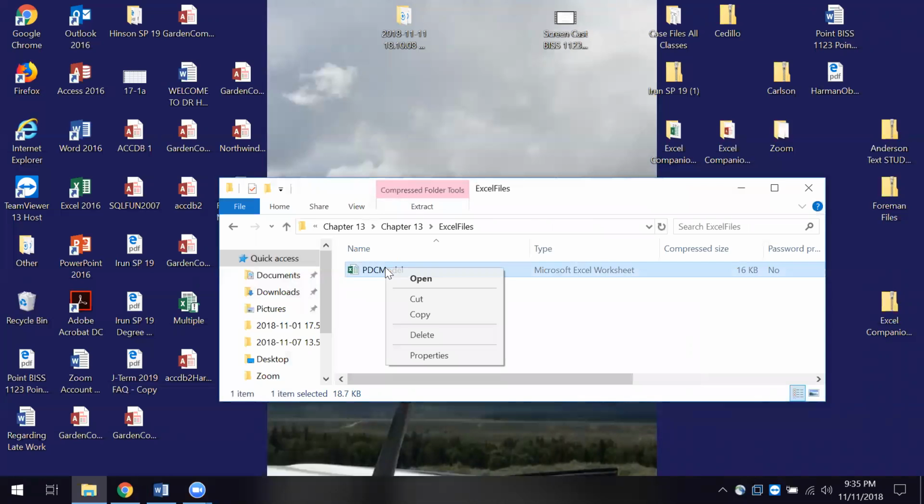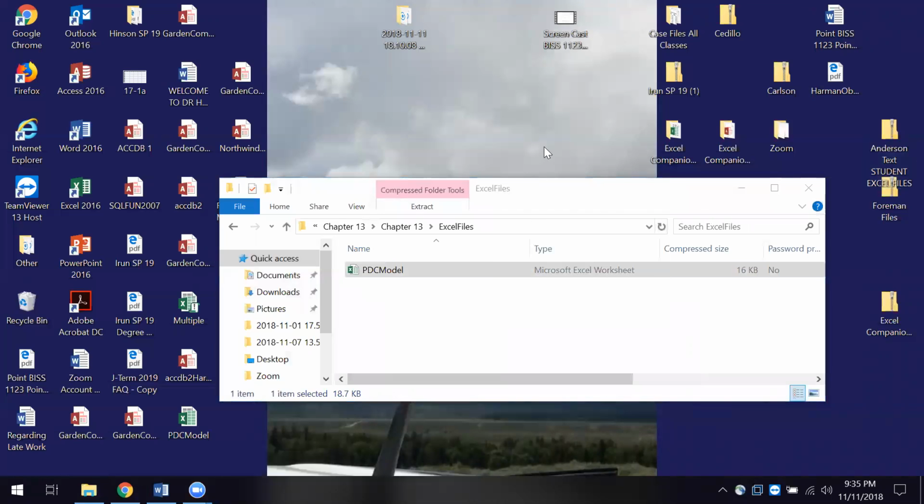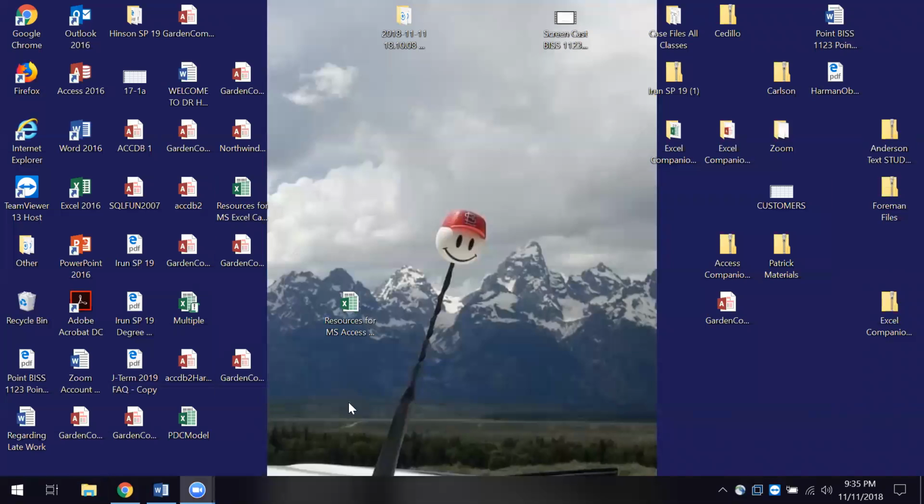And there's the PDC model. Now I'm going to copy it to my desktop. All right. Now let's open it up.